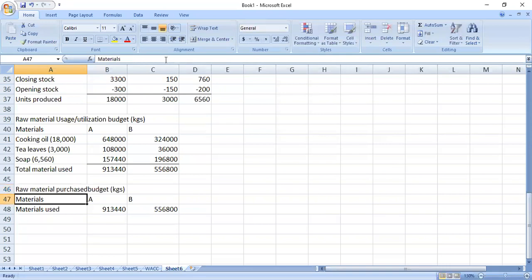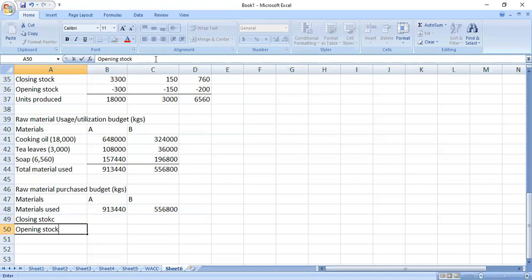We had the closing stock, then you have opening stock. So the same way, you add the closing stock and deduct opening stock. You can go and check the information shared.